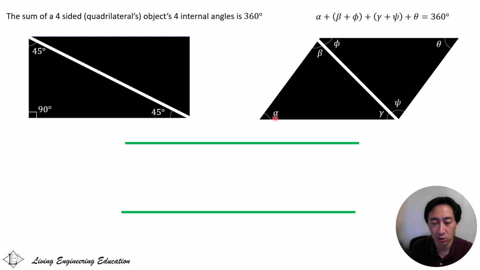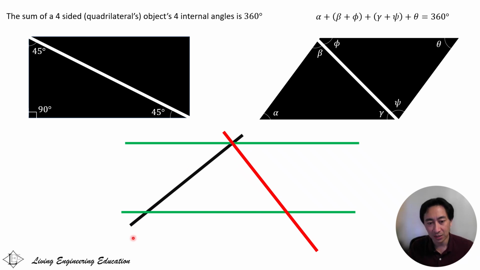Well, we can go back to look at our parallel lines. If we look at these parallel lines and we split it with one line and then a second line, and we make sure one of the intersection points involve both of these intersecting lines, then we basically have a triangle right here, right?